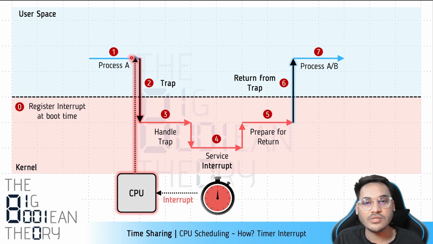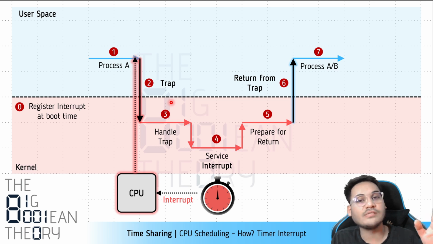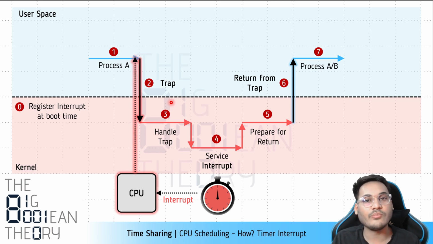So let's say some user process is running and the timer raises the interrupt. The first thing that happens is that the trap transfers the control to the operating system, and then we handle the trap. In this case, the trap is a timer interrupt. When we say we have to handle the trap, the operating system will save the registers of the currently running process. First of all, you have to halt the current running process because it is not yet done, it is not terminated.